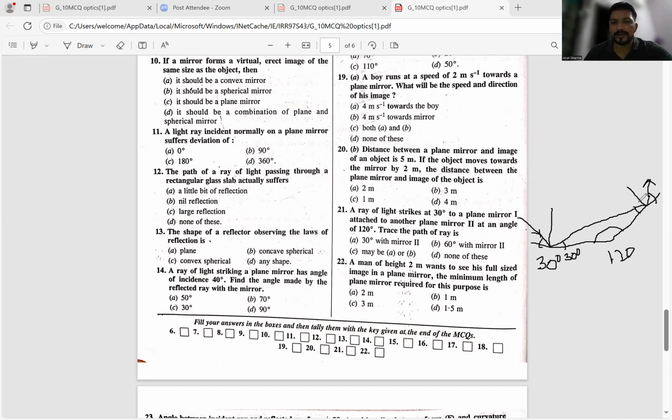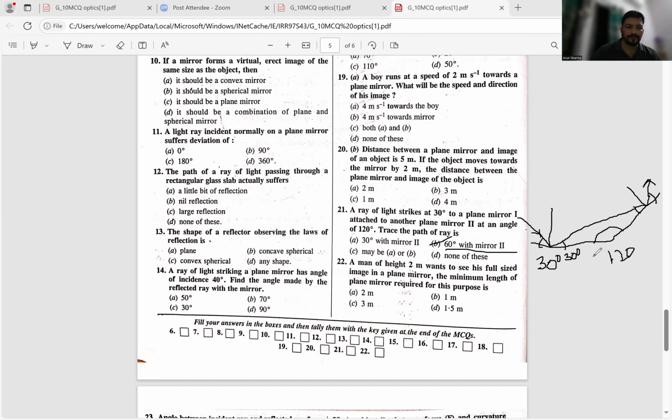So you calculate the distance from here. What is the total distance? You can understand from the diagram. So what is the right answer of this question? The right answer of 21 is B, 60 degree from mirror 2.